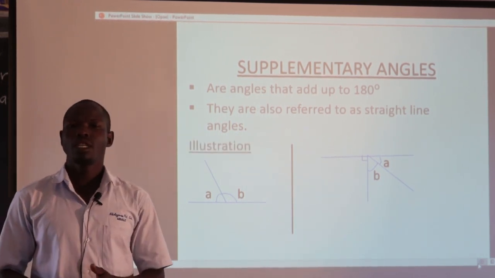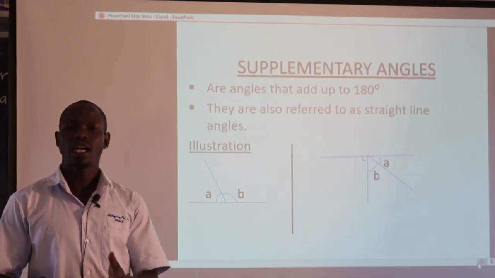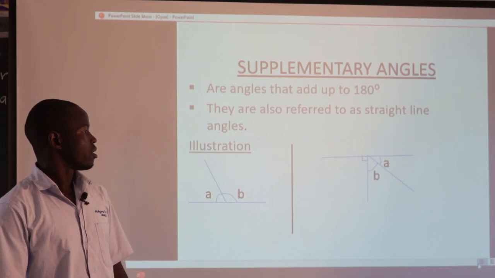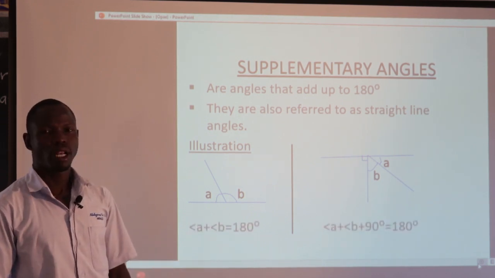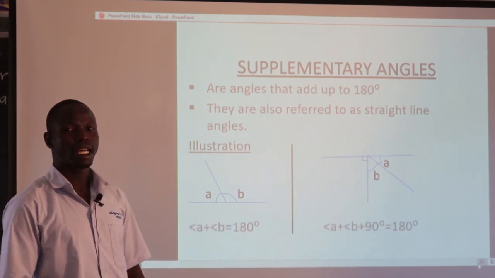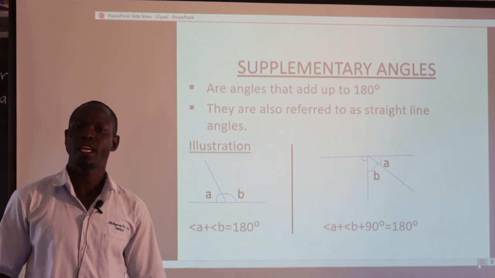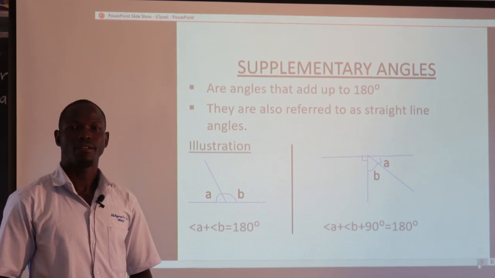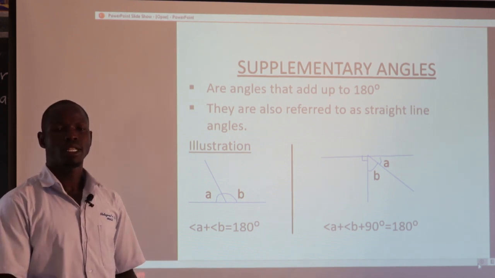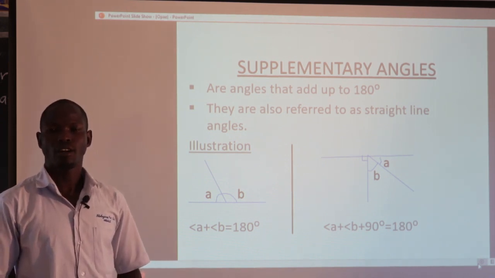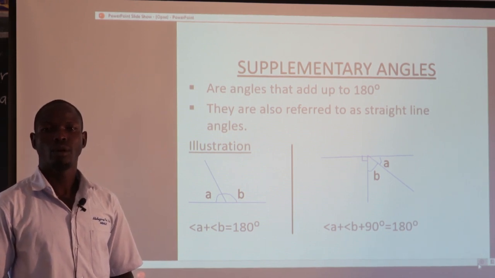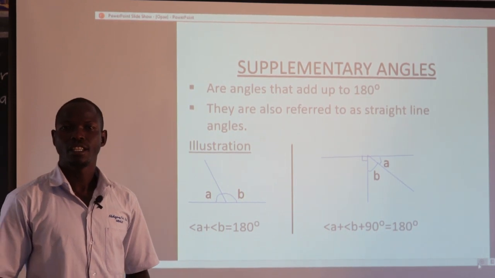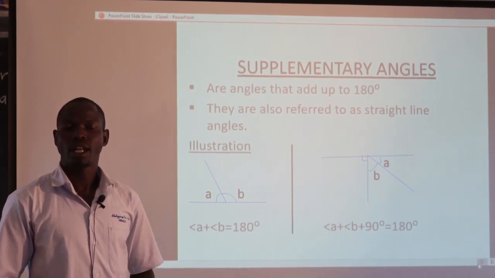Next, you are going to see the illustration of these angles that we call supplementary. We have two illustrations here. An illustration is simply a diagram. These diagrams are for supplementary angles, and from them we shall confirm that when the angles formed on a straight line are added, the sum is 180 degrees.